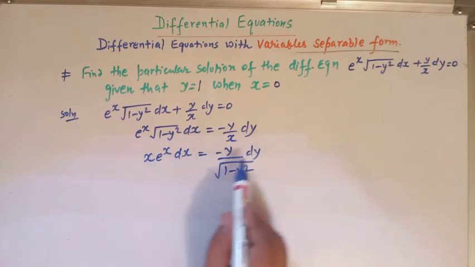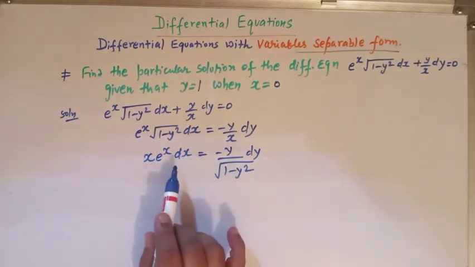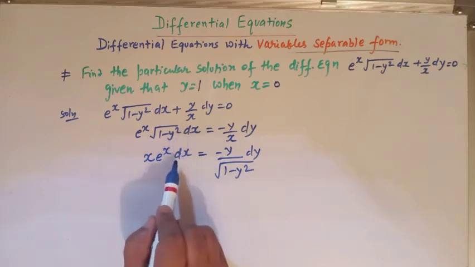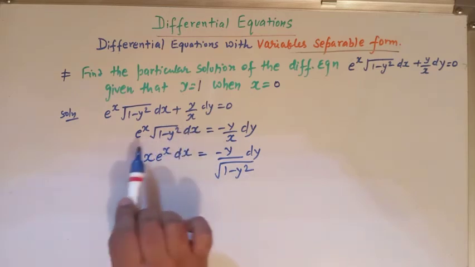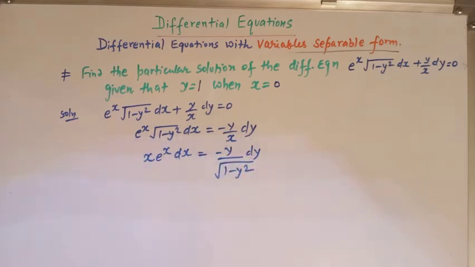Clear? So this is how we separate the variables: we collect the terms containing x to the left hand side and y to the right hand side.